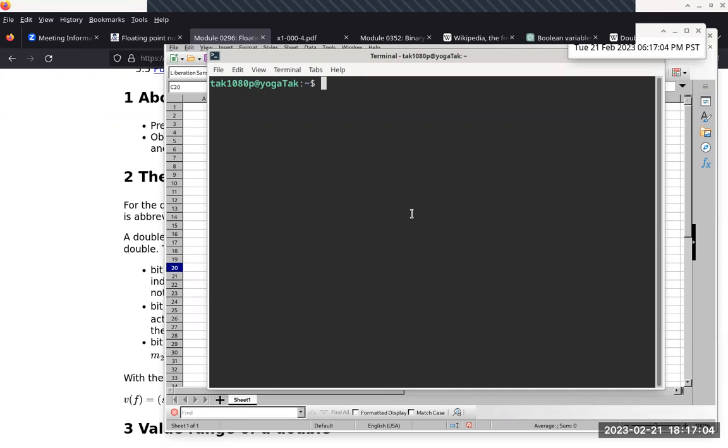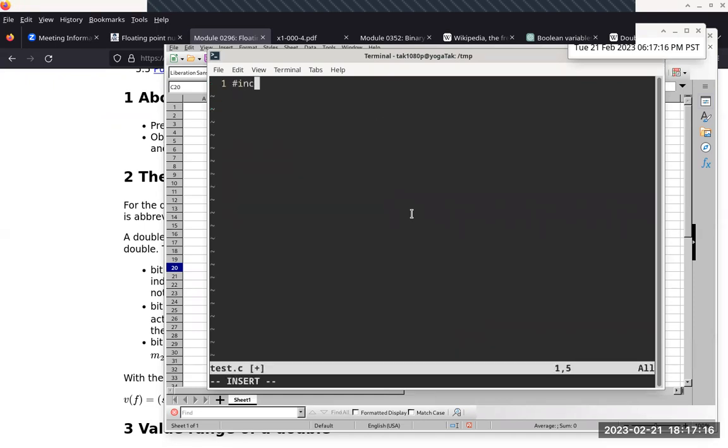Okay, so we'll go ahead and just go to the temp folder and write this code. We'll call this test.c. And that's all it does. We include stdint.h because I want to specify the width of my integers, and this is one great way to do it.